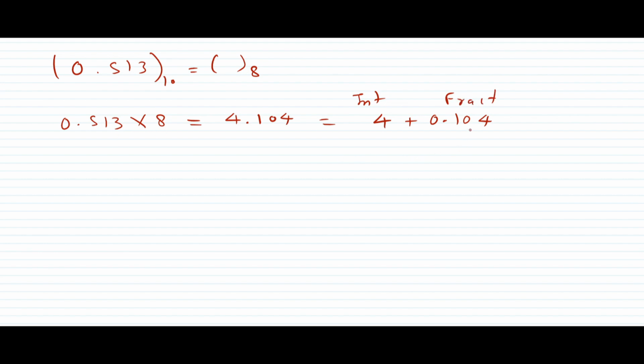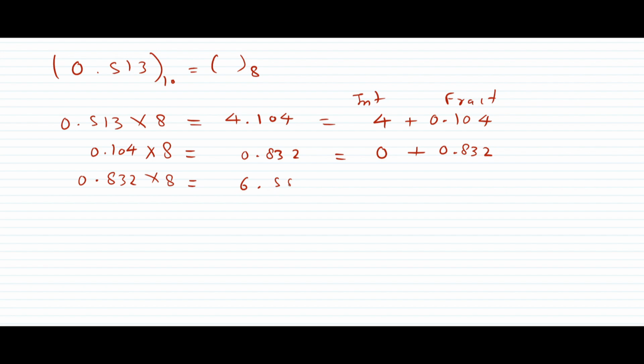Now again we will multiply this fractional part 0.104 by the required base, which is 8. So this will be something like 0.832, so the integer here is 0 and the fractional part will be 0.832. Again multiply 0.832 by 8, it will be something like 6.556.